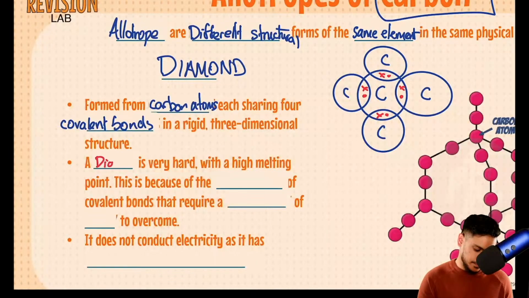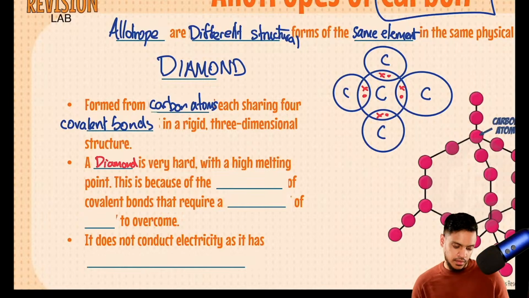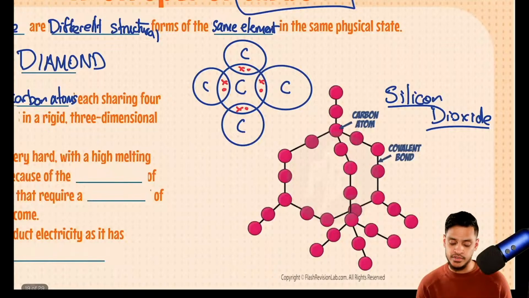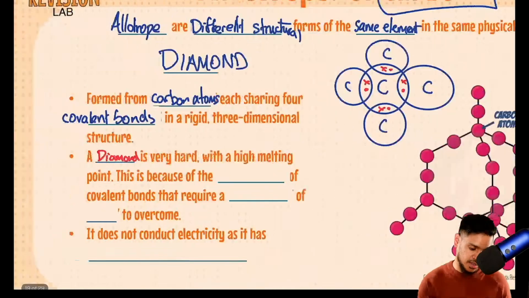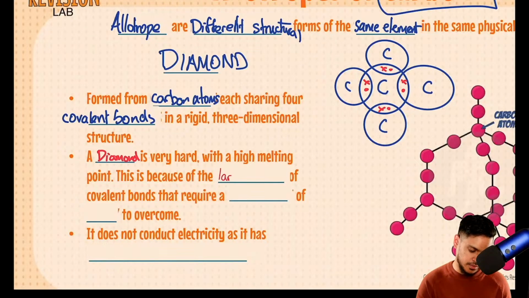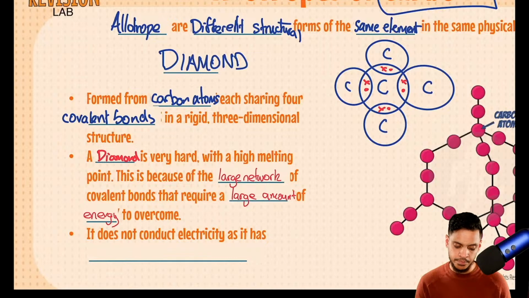Diamond is very hard with a high melting point. That's because, remember what I said about giant covalent structures, every single carbon atom is held together by covalent bonds. It's a large network of covalent bonds that require a large amount of energy to overcome.